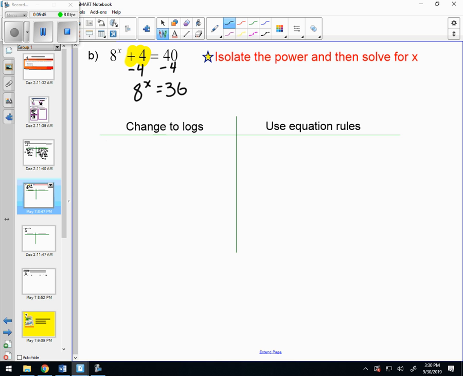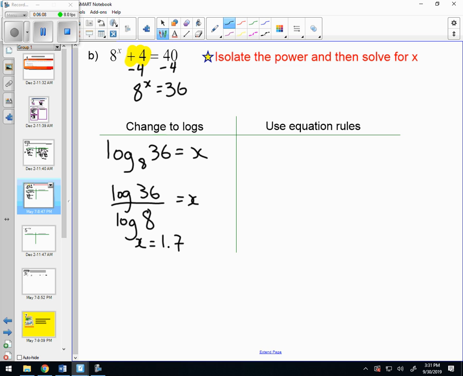Now I convert it to logarithmic form. And I solve for x. Okay, the answer for that one is x equals 1.72.